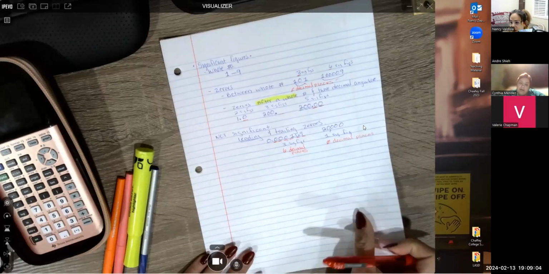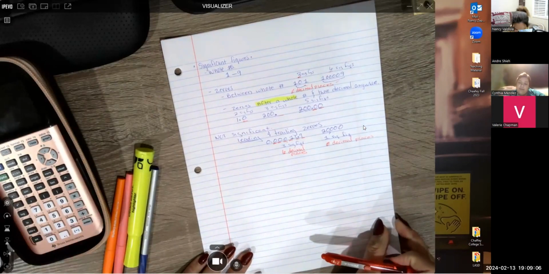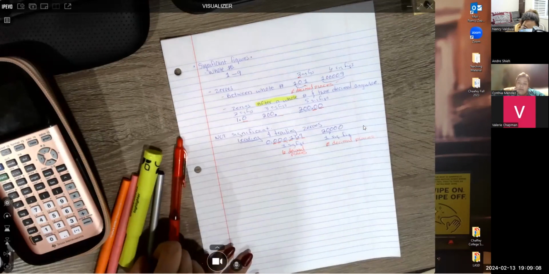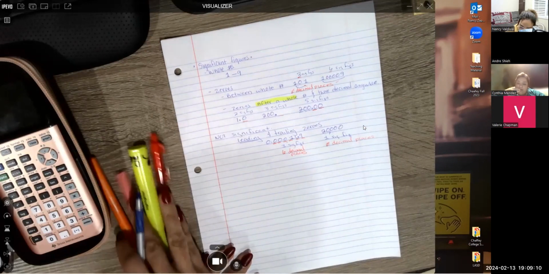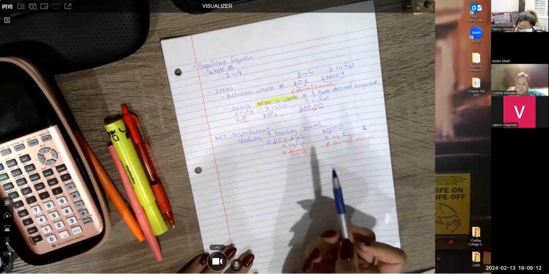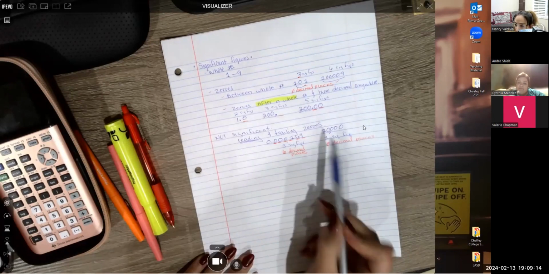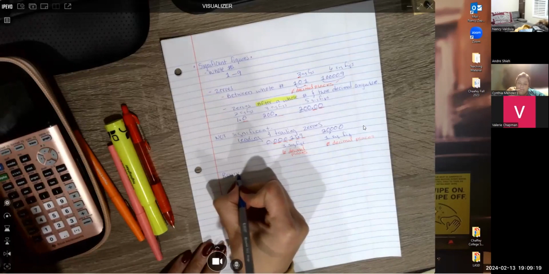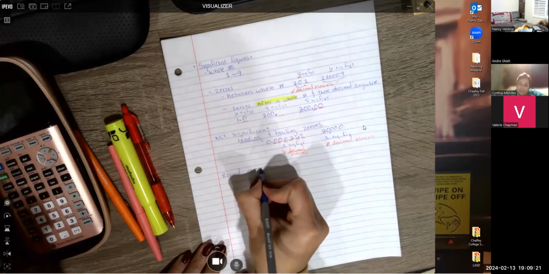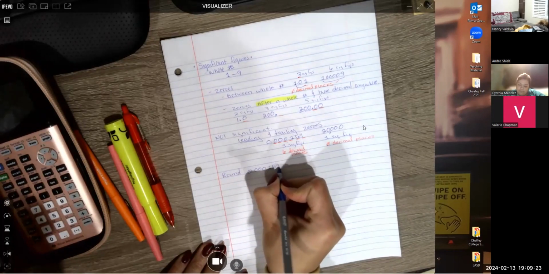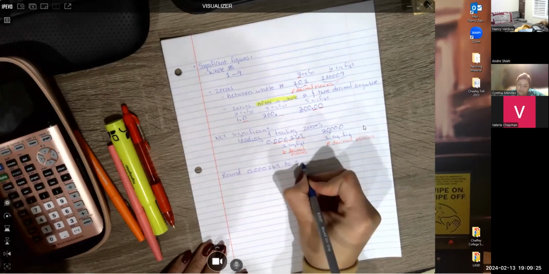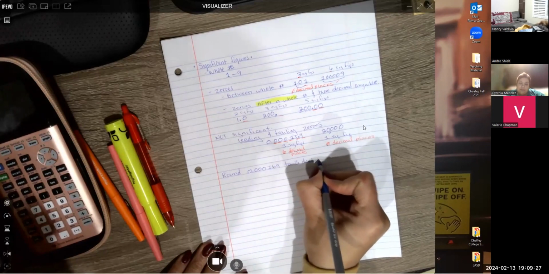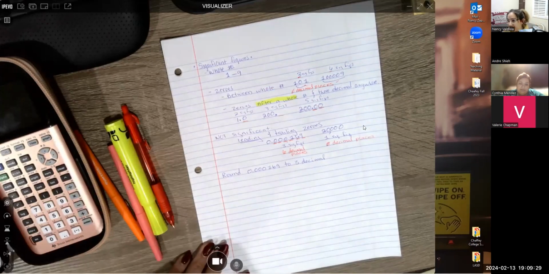So then, say we were to get an answer like that, like that first one, 0.000169, and it were to have us round to 3 decimal places, what do we do then? So in this case, you're going to actually have to convert it to scientific notation.